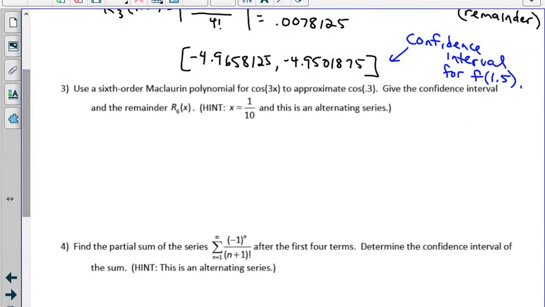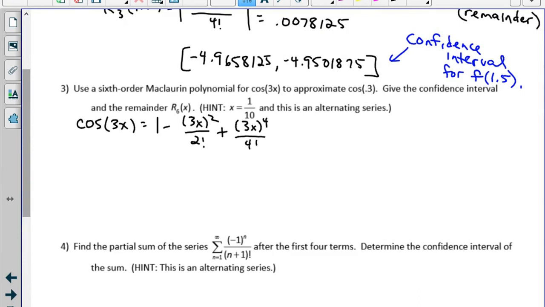Problem 3 uses the sixth order Maclaurin polynomial for cosine of 3x. So let's write that really quick. 1 minus (3x) squared over 2 factorial plus (3x) to the fourth over 4 factorial minus (3x) to the sixth over 6 factorial. Now we know that this is for sure going to be an under approximation.